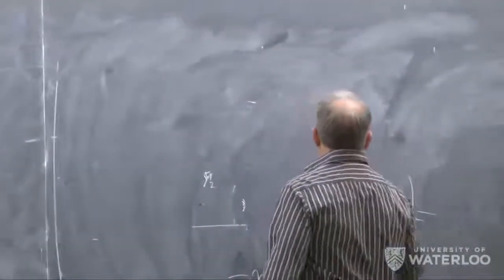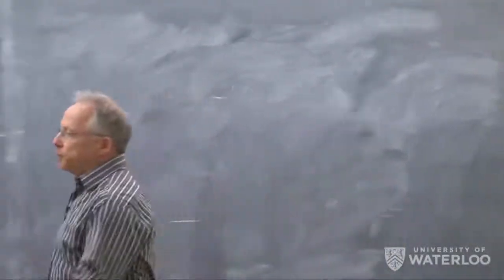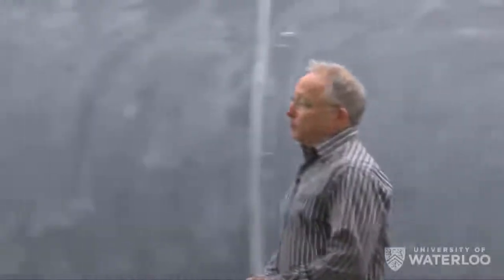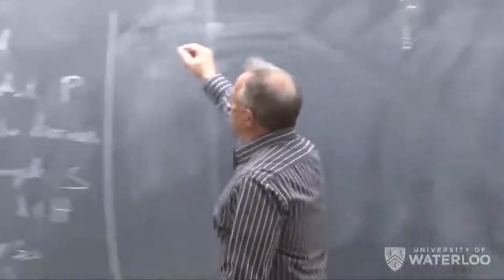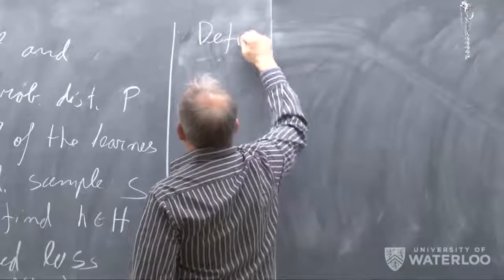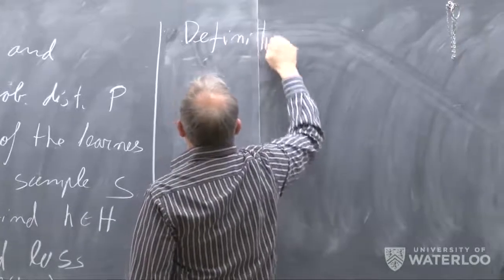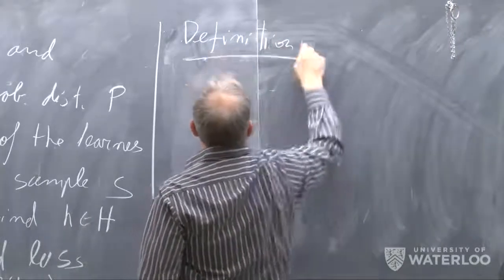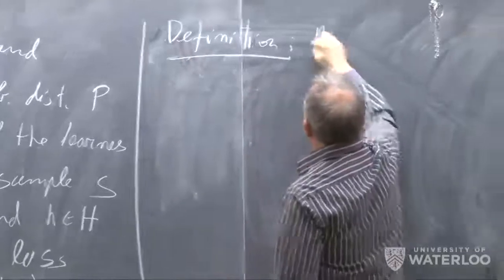We have a definition of a learning problem, and we have a definition of a convex optimization problem. Now I want to define what is a convex learning problem.